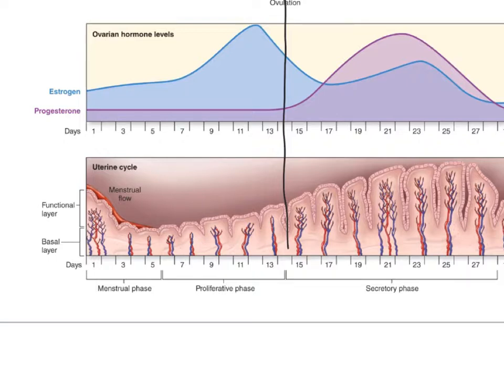Over those 5 days, in the ovarian cycle, we've started recruitment of the next follicle. So as you go towards the end of menstruation, about day 5, estrogen levels start to increase. We've recruited another follicle, and now it starts to grow, and as it grows, it produces more and more estrogen.